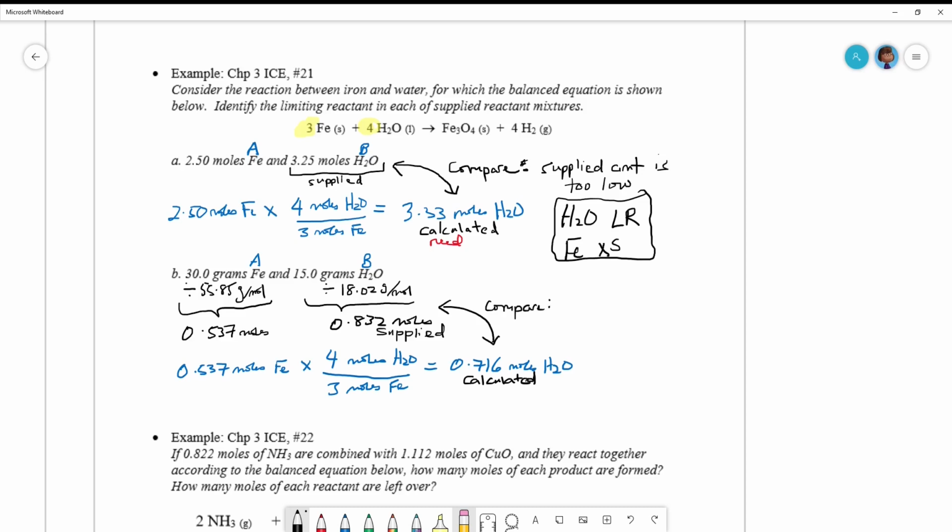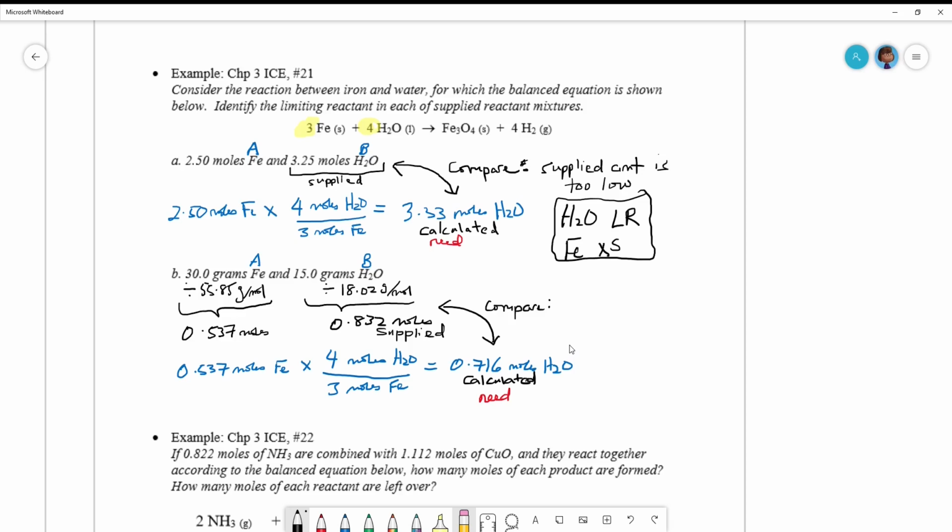And when we compare these two quantities, this time we see that the supplied amount of water is greater than what we actually need. So this is what we need for the reaction. And when we look at our supplied amount of water, which is the 0.832 moles of water, that's more than what we need. So now our supplied amount is too high.